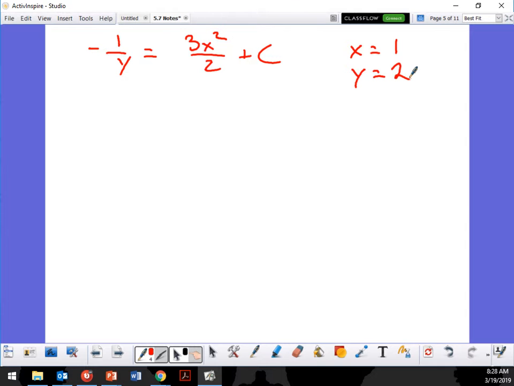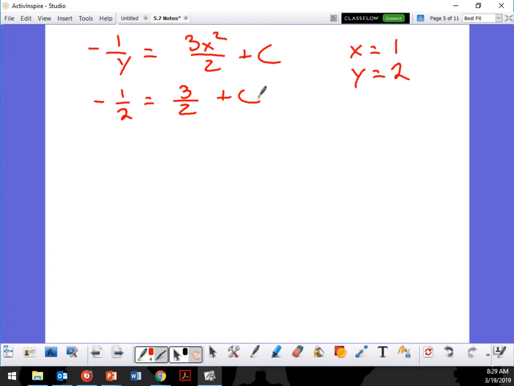But if you know the x and the y, I can find the third one, right? So let's do that. So it's going to be negative 1 over 2 equals 3 over 2, and that's going to give me 1 squared, which is 1, plus c. I did some fast math here. Are you guys okay? Yes.